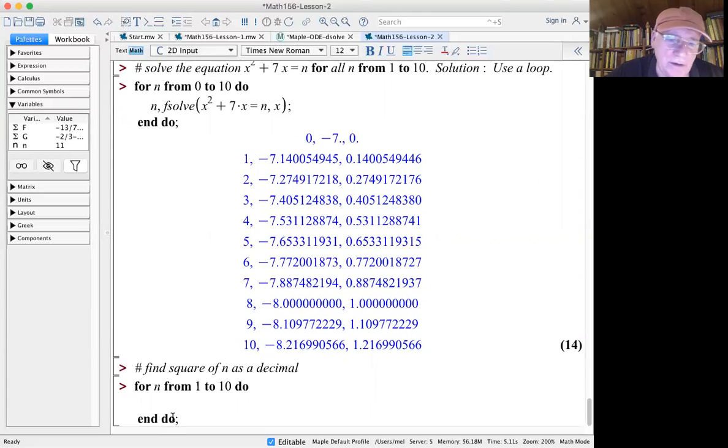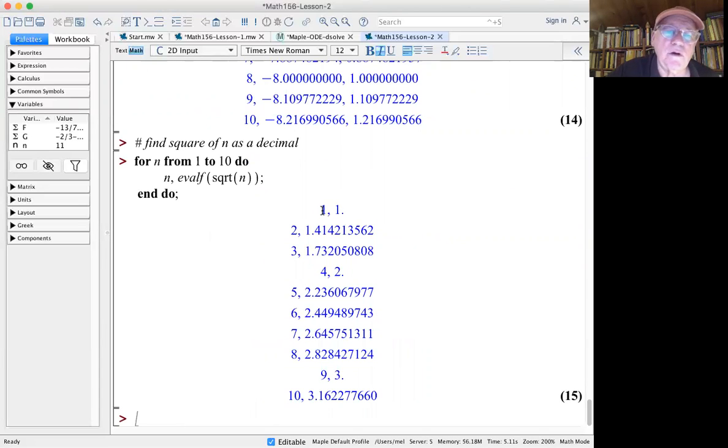I like to put that in always. Go back up and indent. What I want is the square root of n, but I want this evaluated as a decimal. So evalf, evaluate as a decimal, square root of n. I write n comma, and then the square root of n as a decimal. Let's see what we get.